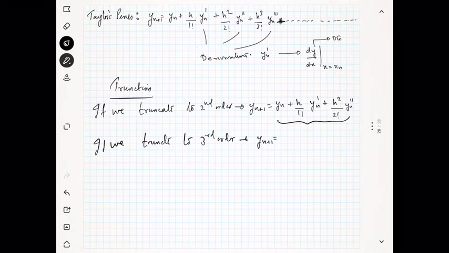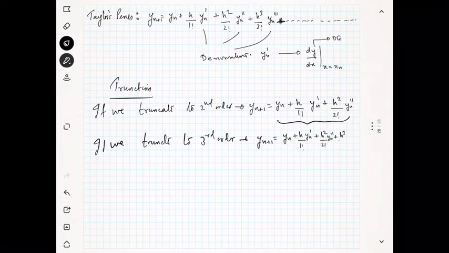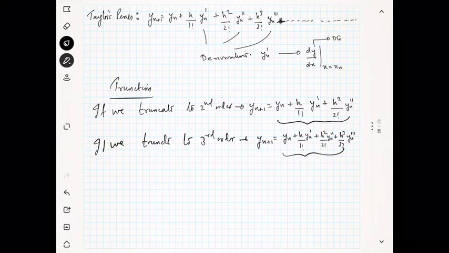So yn plus 1 is given as yn plus h by 1 factorial into yn dash plus h square by 2 factorial into yn double dash plus h cube by 3 factorial into yn triple dash. This is the third order case, and the one before is the second order case. In the third order, you are using the third order derivative of y. So this is the truncation.